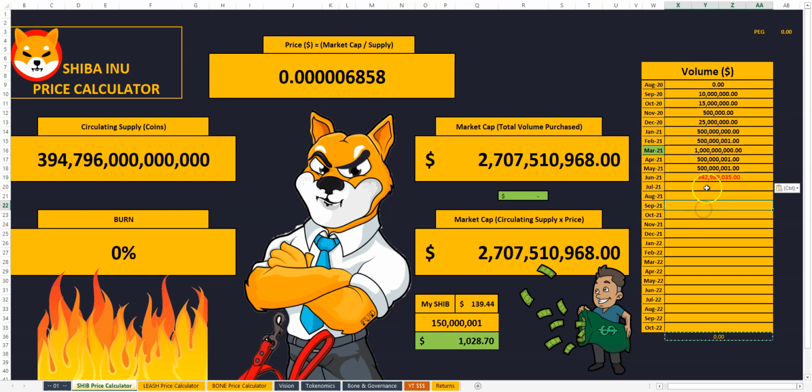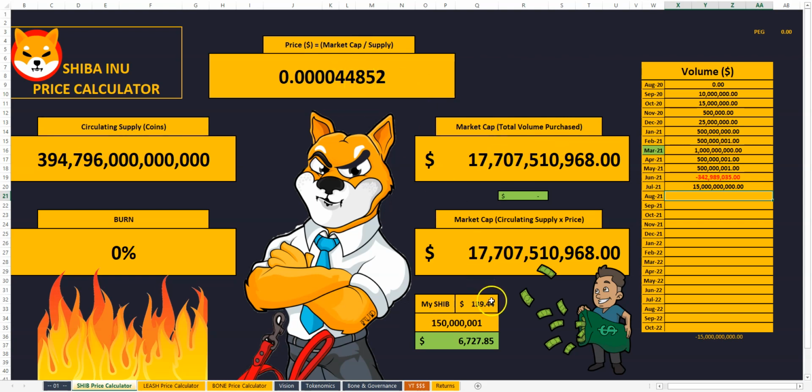Let's pretend CNN starts talking about Shiba Inu, and the world really gets the attention of Shiba Inu, and we suddenly have 15 billion.